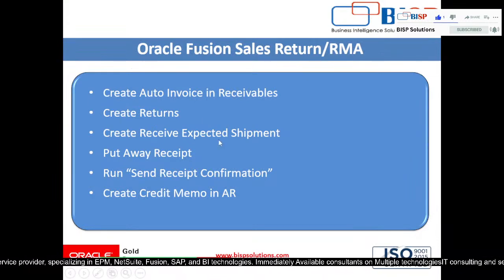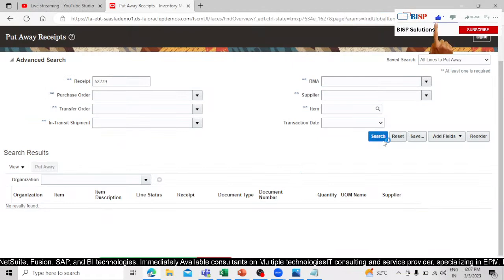So we have performed this expected receipt, and let's run this job, Send Receipt Confirmation, right? I think after that it will be reflected over here.